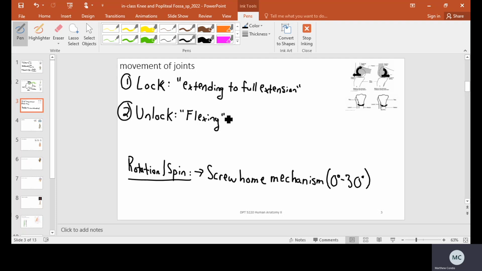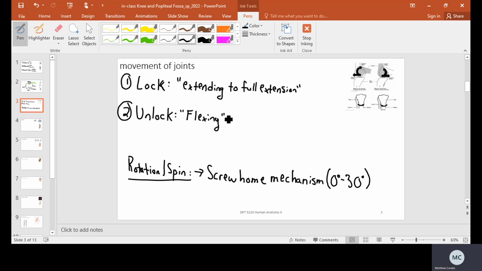Cool? All right. Now, I'm going from 0 degrees extension down to 30 degrees. I'm flexing my knee in the open chain. That lateral tibial plateau doesn't change shape or anything. It's still going to hold tight. My medial tibial plateau is going to start sliding first.